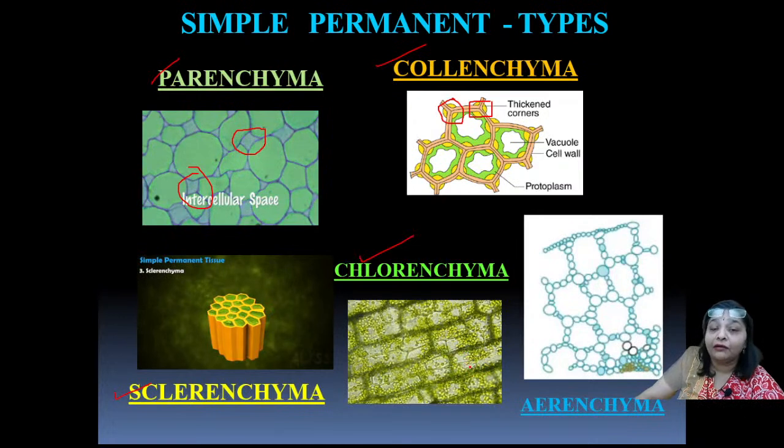All these are mainly chlorenchyma tissues, whereas they also form aerenchyma tissue when they form large air cavities between them, which give buoyancy to aquatic plants and help them to float on the water. And of course it gives mechanical support there. So these aerenchyma tissues and the chlorenchyma tissues are the subtypes of the simple parenchyma tissues, right?